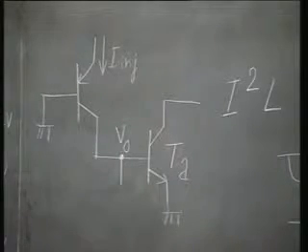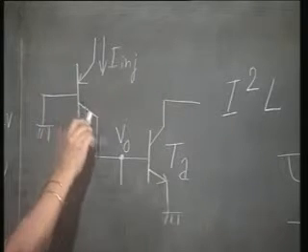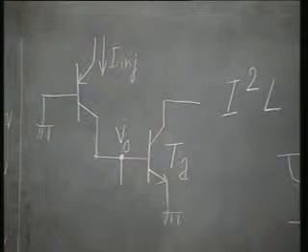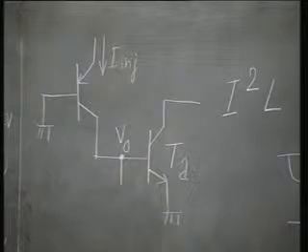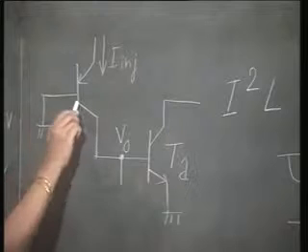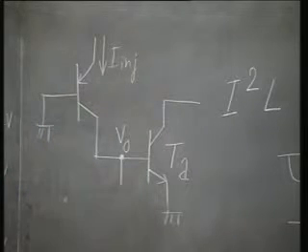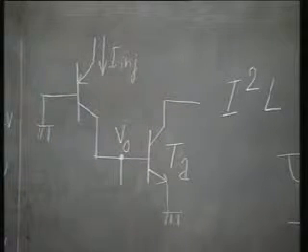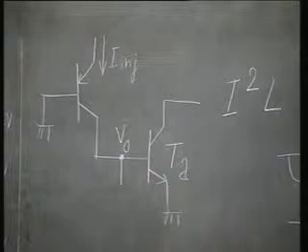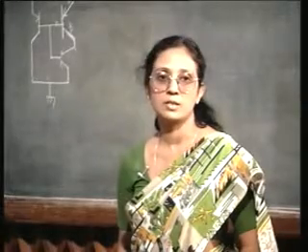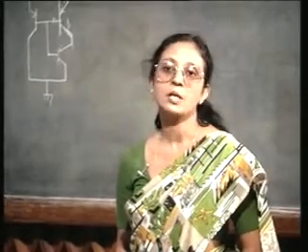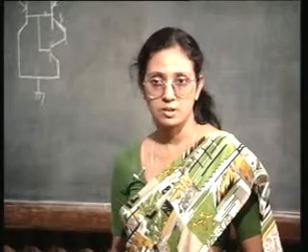Agreed? See another very interesting thing. The collector of the PNP transistor is fed to the base of the NPN transistor. That is, the collector of the PNP transistor is shorted to the base of the NPN transistor. So, again I could use the same P region for the collector of the PNP transistor as well as for the base of the NPN transistor.